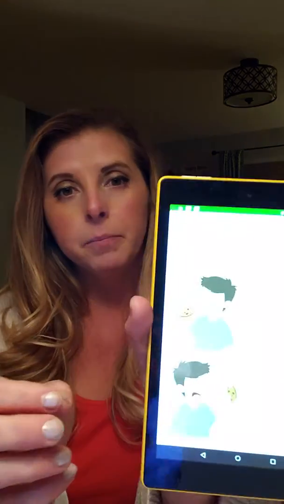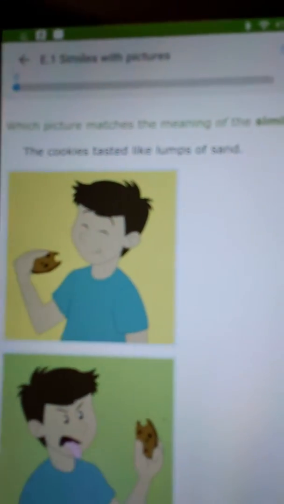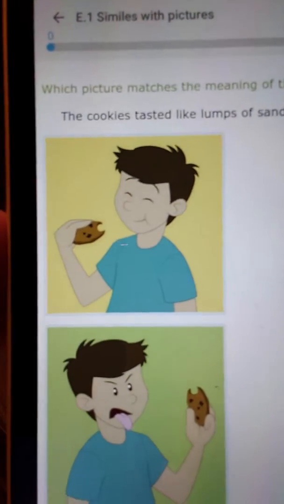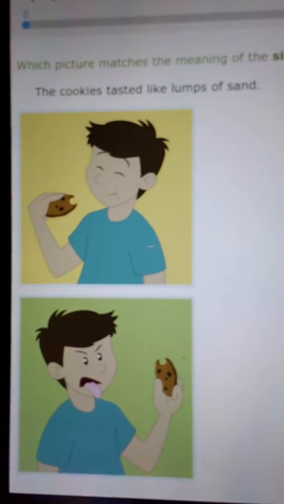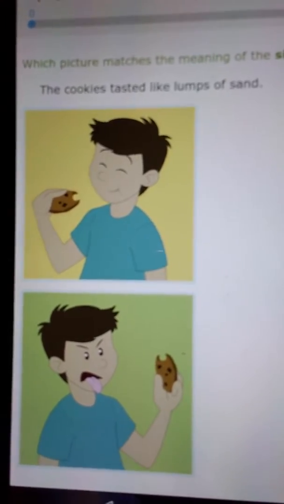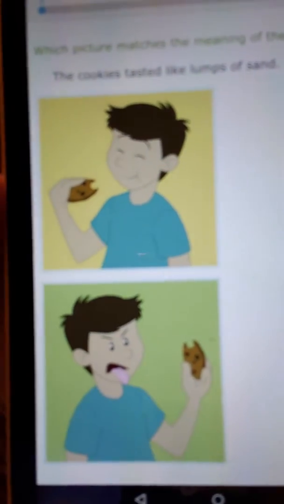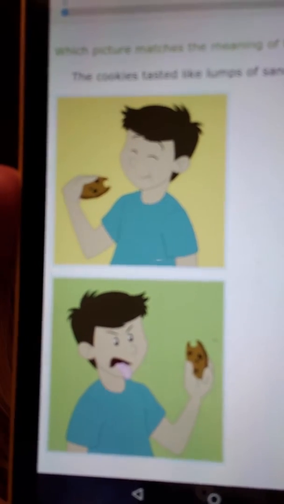And as you can see, it says, which picture matches the meaning of the simile? The cookie tasted like lumps of sand. So which picture looks like the cookie tasted like lumps of sand?